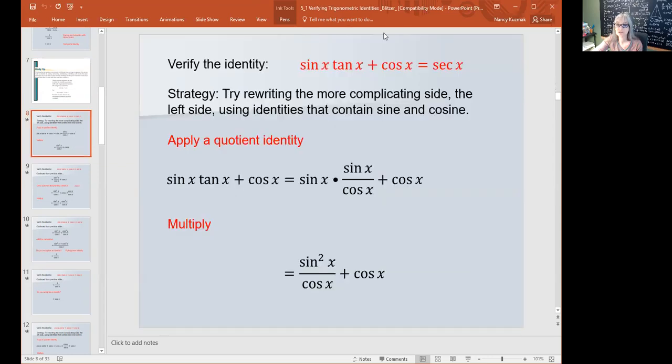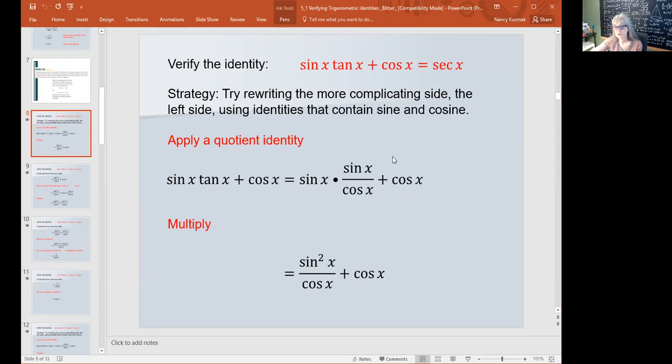All right, so let's do a few. Now we have sine x tangent x plus cosine x is secant x. First we want to decide which one is more complicated. Well, definitely the left-hand side is more complicated. So let's try a few substitutions. Let's try some quotient identities. So the sine x tangent x, well, look how we can take the tangent x and do sine over cosine, plus the cosine x.